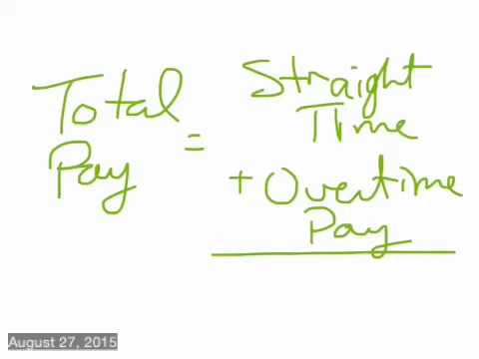Okay? On the top of page 95, it says Josie Spelling earns $9 an hour and works 40 hours per week. Because she had to work on Thanksgiving, her employer paid her time and a half for the additional 6 hours she put in. We need to figure out how much she got paid for the week.